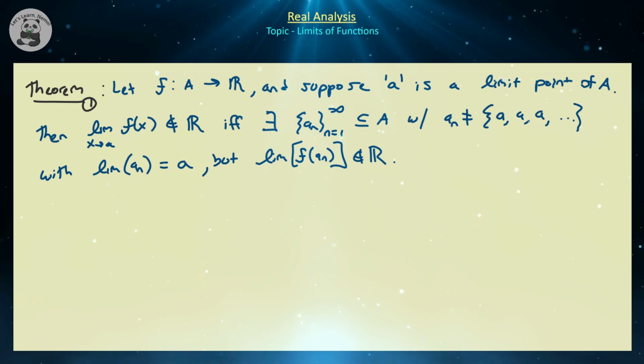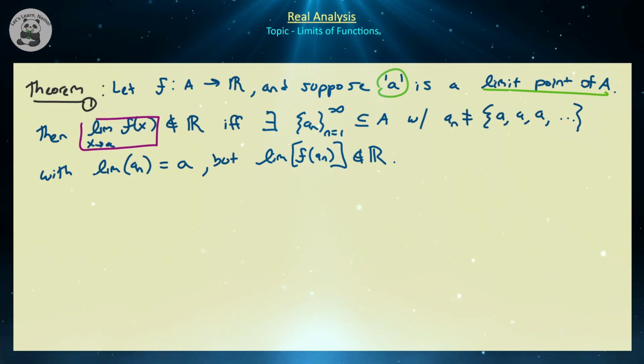Now let's introduce the first theorem that I want to talk about today, and it says the following. Let's assume that f, again, maps A to R, where A is a subset of the reals, preferably not the set of naturals, else we'd be dealing with a sequence. And let's suppose that little a is a limit point of A. Then we say that the limit of f(x) as x approaches a does not belong to R, so some people will say that the limit does not exist, if and only if, right?